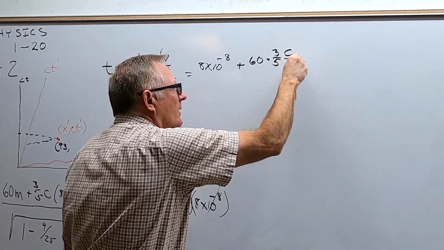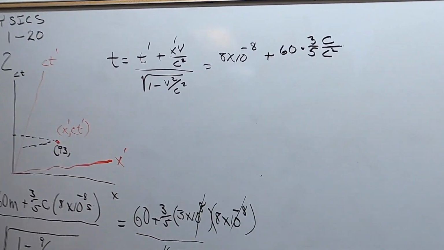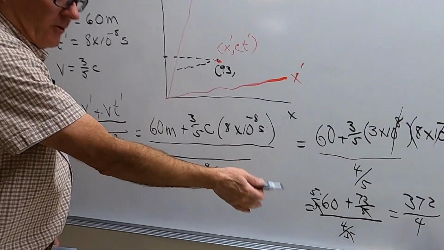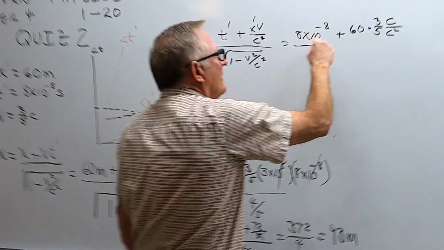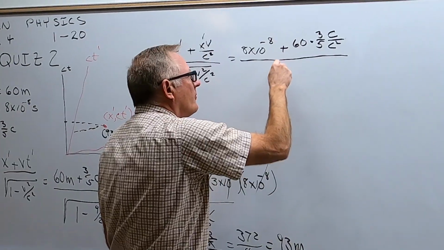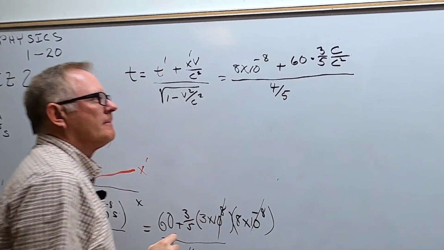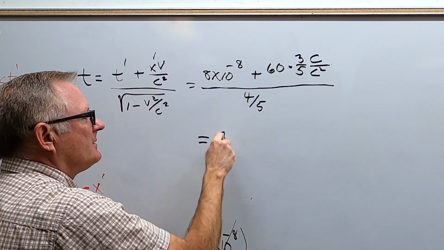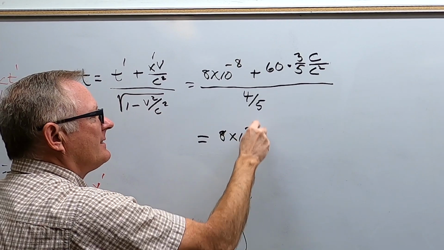Divided by the denominator. The denominator is the same as I had before, so it's 4/5. Okay, so now we have 8 times 10 to the minus 8.